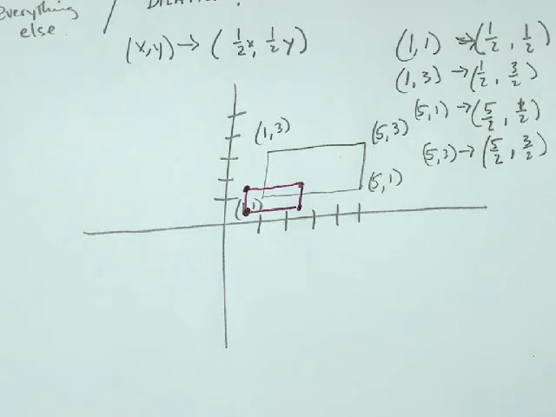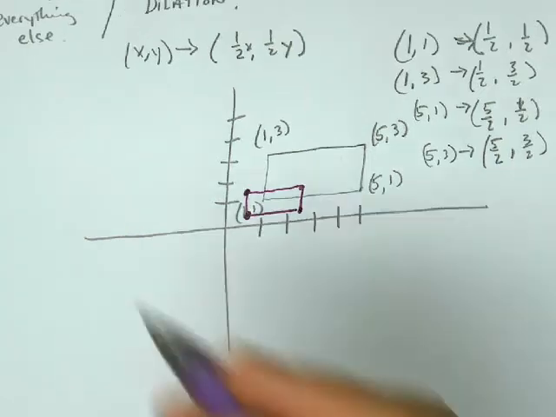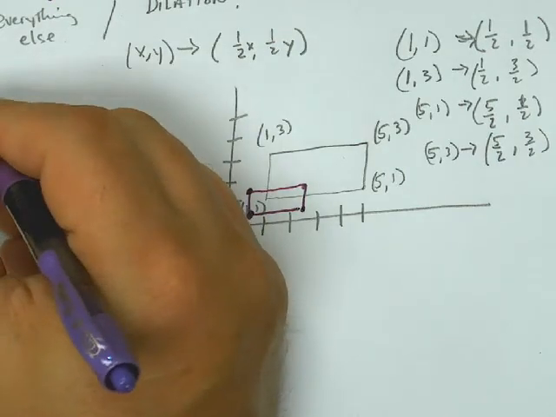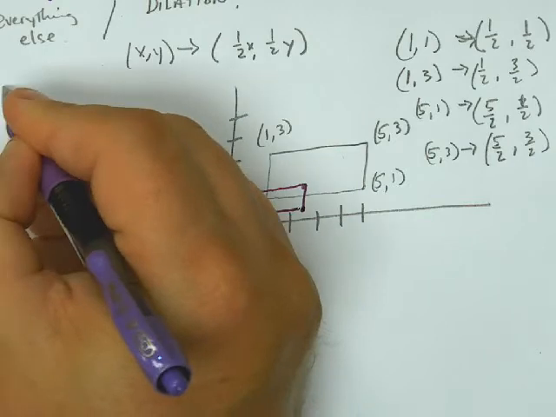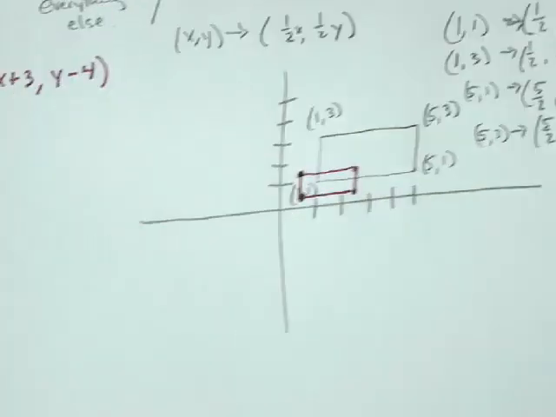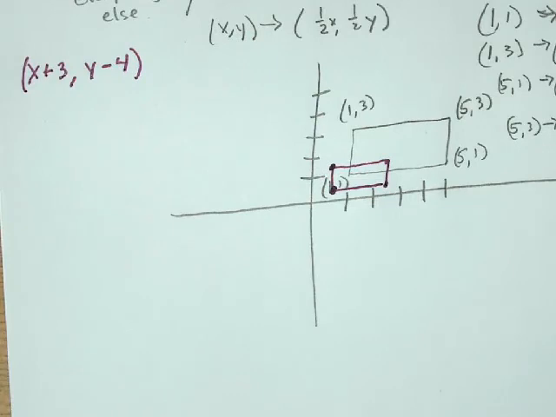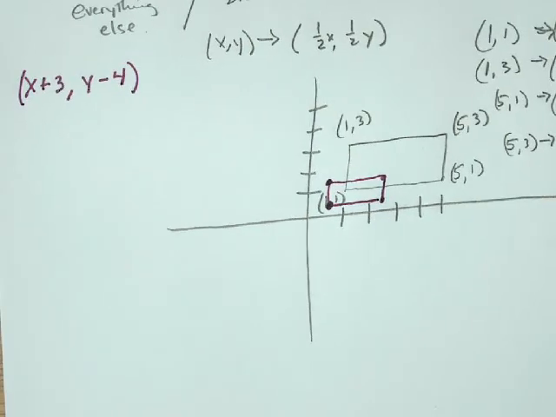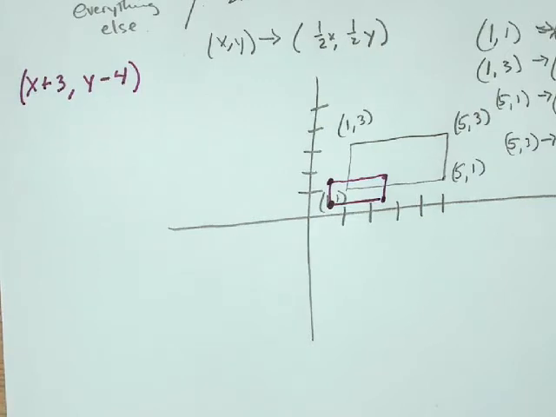Shrunk it. That is a non-rigid transformation. What's an example of a rigid transformation? Anything else? There's a rigid transformation. If I reflect it, that's a non-rigid transformation.